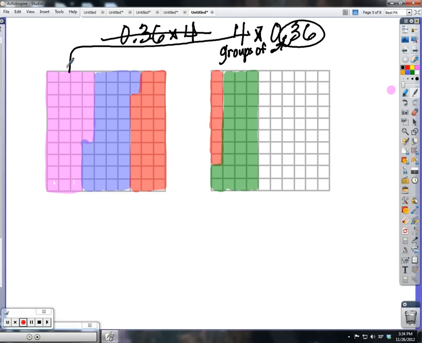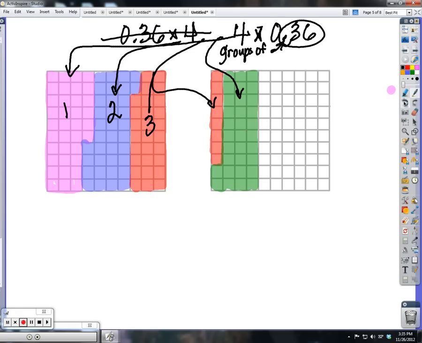So once again, here's my first group, here's my second group, here's my third group, and here is my fourth group. Now all I have to do is count up the total amount of blocks that are shaded in.